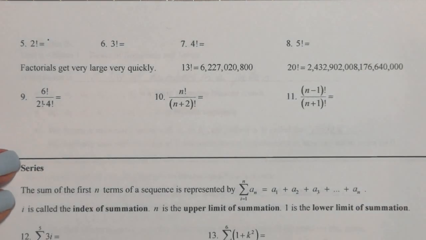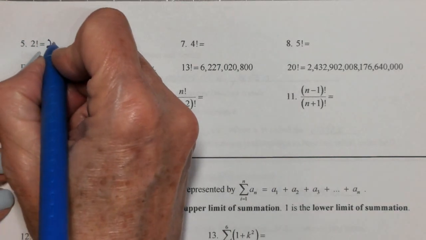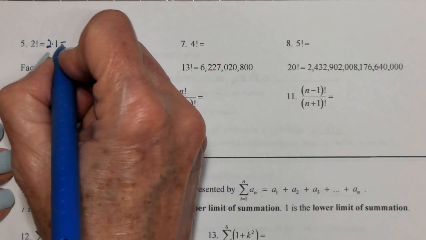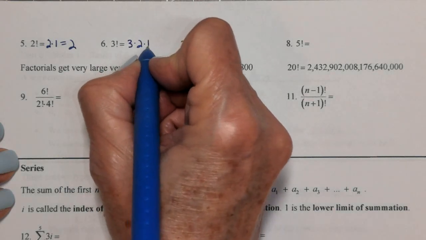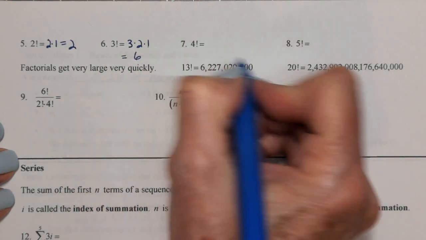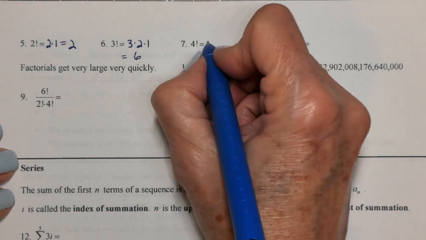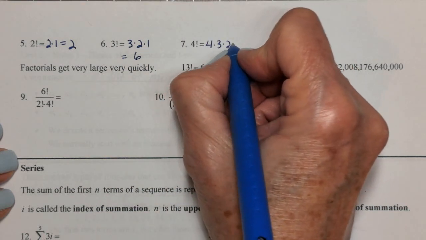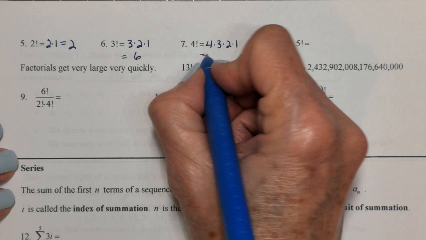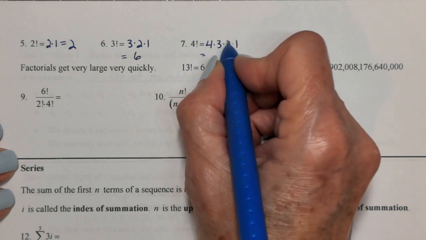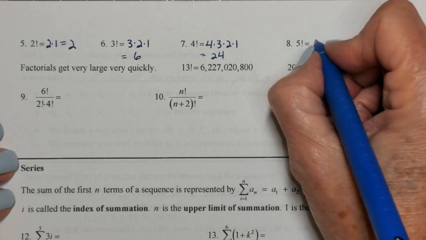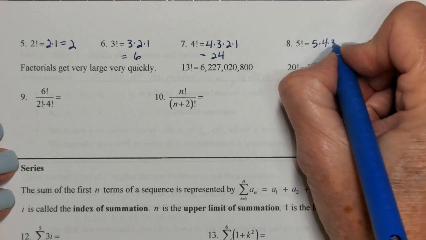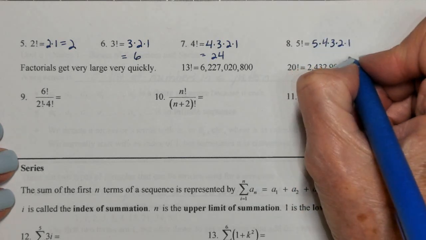So when I'm given 2 factorial, I think of that as 2 times 1, which is just 2. 3 factorial is 3 times 2 times 1, which is 6. 4 factorial, 4 times 3 times 2 times 1, which is 4 times 6, and so 24. 5 factorial is 5 times 4 times 3 times 2 times 1.